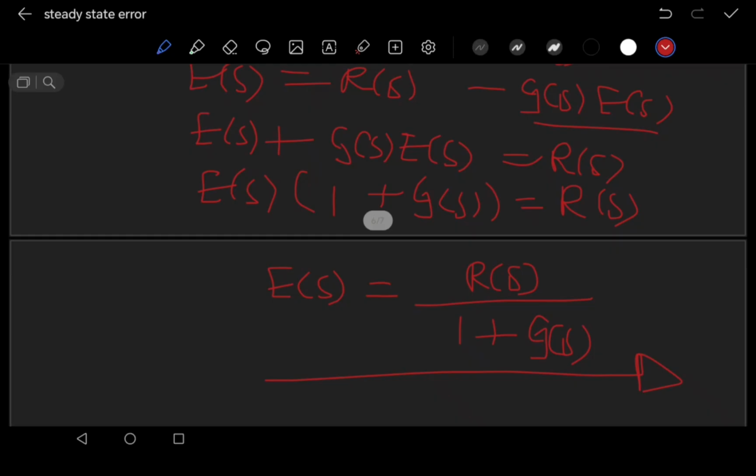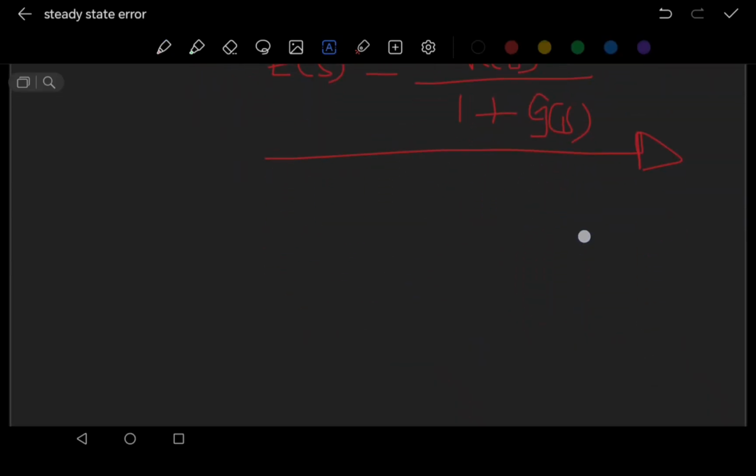Right? Now say you're given an equation like this. We have to solve this in terms of g. 120 times s plus 2 divided by s plus 3 times s plus 4.